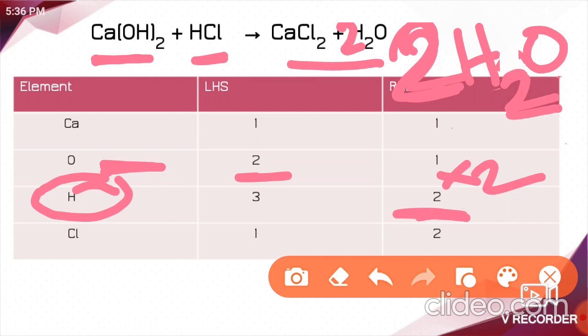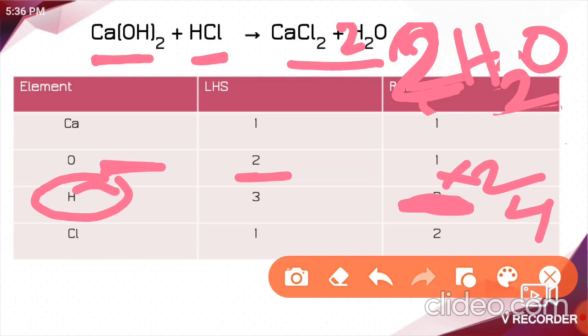This 2 gets multiplied with the subscript, so 2 twos are 4. The number of hydrogen atoms in the product side was initially 2, but after balancing the oxygen atoms, it becomes 4. Got it? Understood? So the oxygen atoms are balanced now.